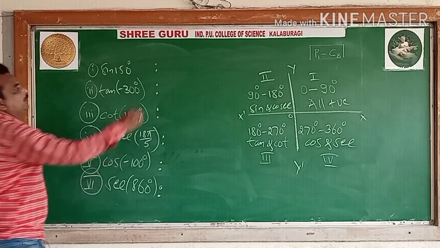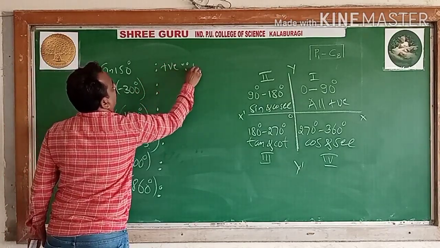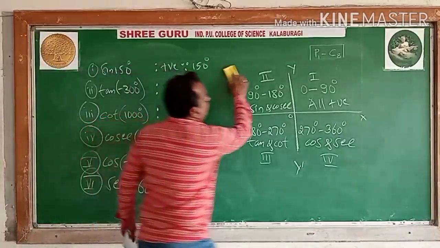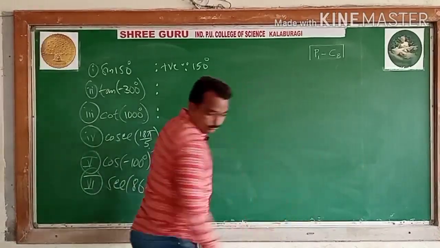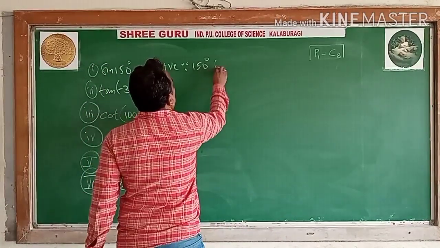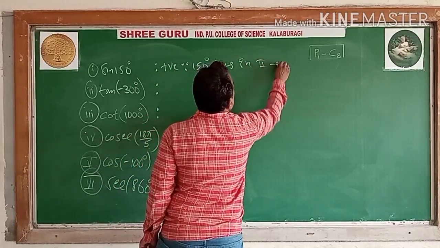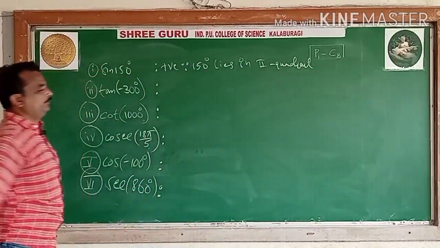So sin 150 degree is positive, because 150 degree lies in which quadrant? Second quadrant. 150 degree lies in the second quadrant. Clear, all of you? It is very clear.